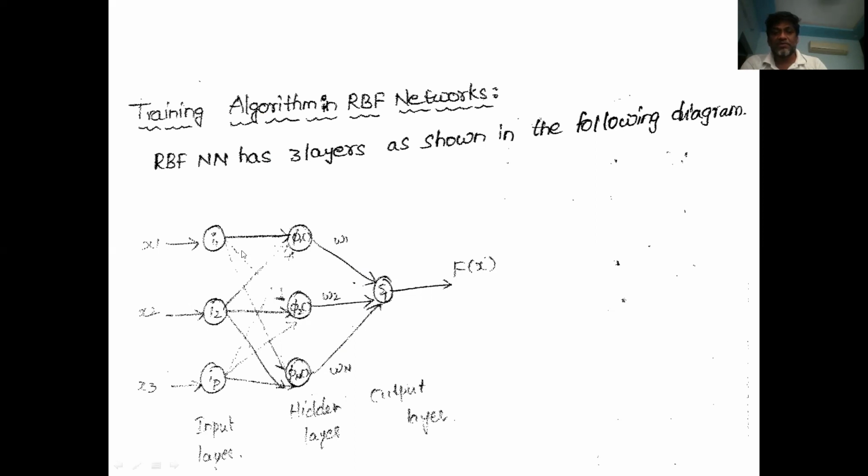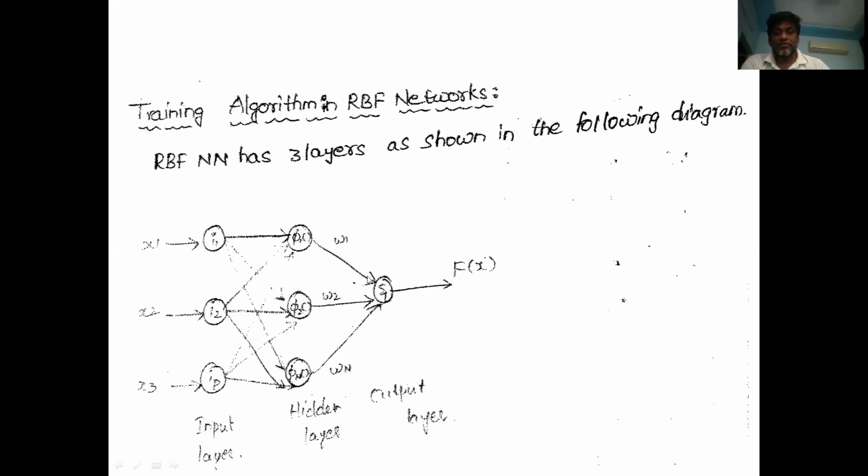That is the reason why there are no weights over here. And the conversion from hidden space to output space is done with linear mapping. Therefore, we require some weights here. So weights are connected only from the hidden layer to the output layer.